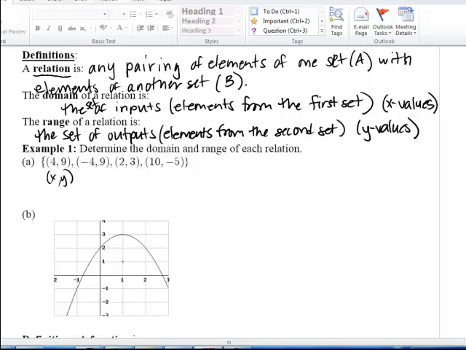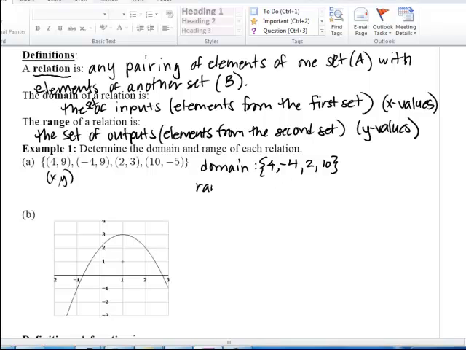So for the domain and range for this relation, we'd say the domain is just the set of all the x values, or the set of all x coordinates, and we'd make it just a list. So we'd say 4 and -4 and 2 and 10. So it's just a list of the x values that show up in those pairs.